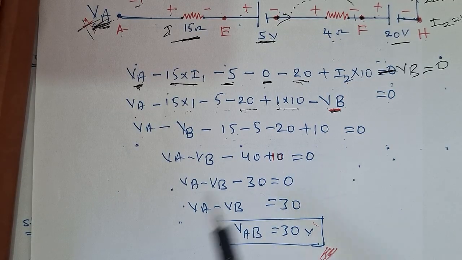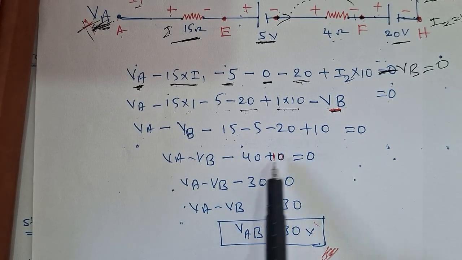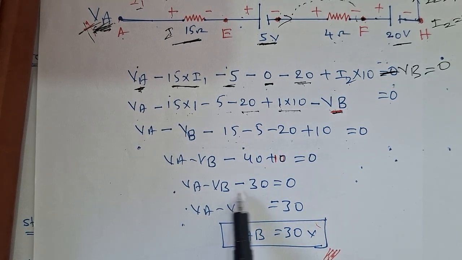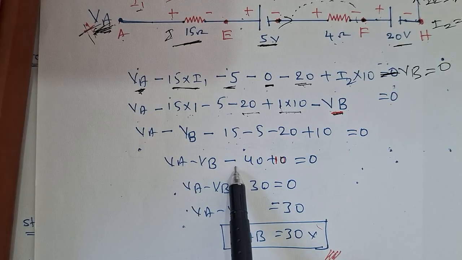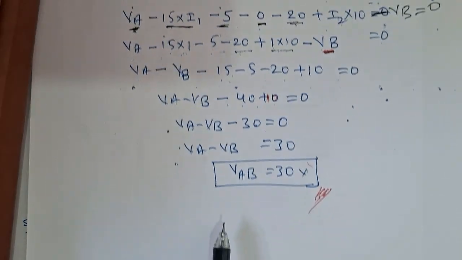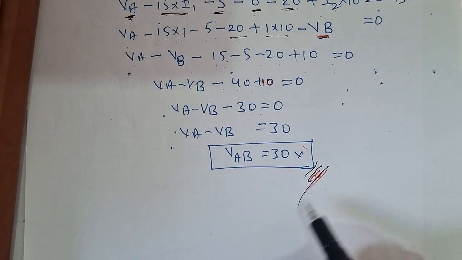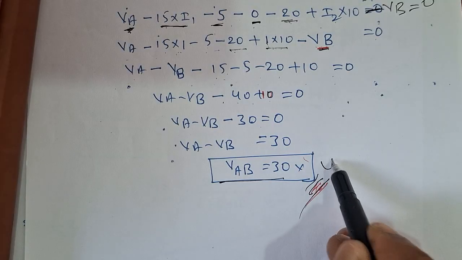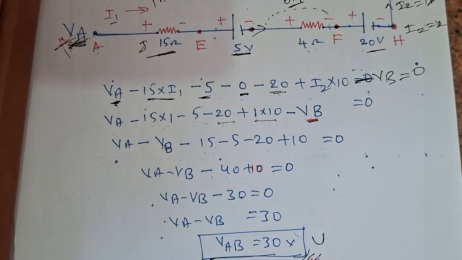VA minus VB becomes 40 minus 40 plus 10, that is 30. VA minus VB is equal to 30. This is the answer. The potential difference between VA and VB is 30 volts. This is one kind of problem.